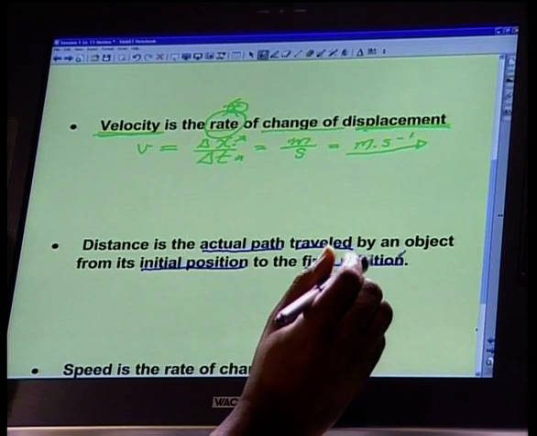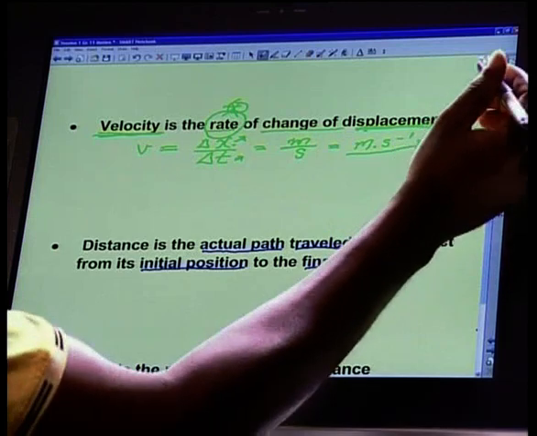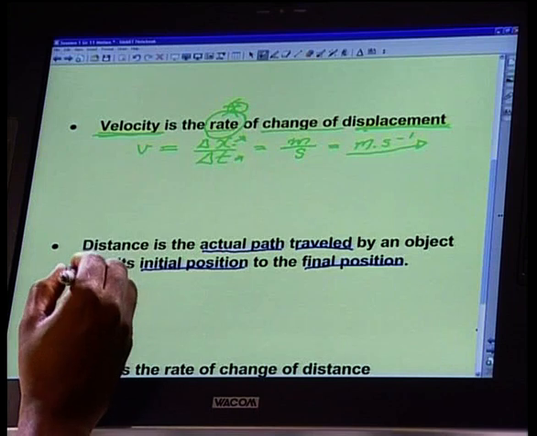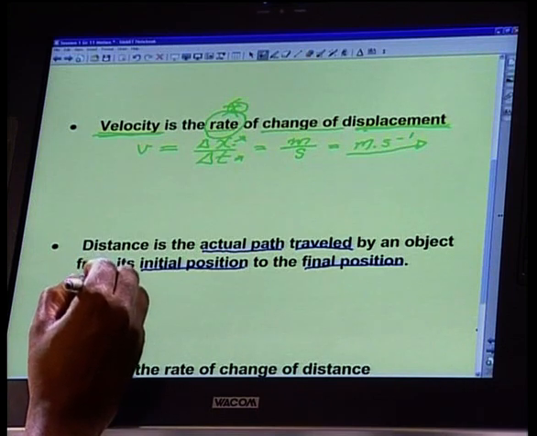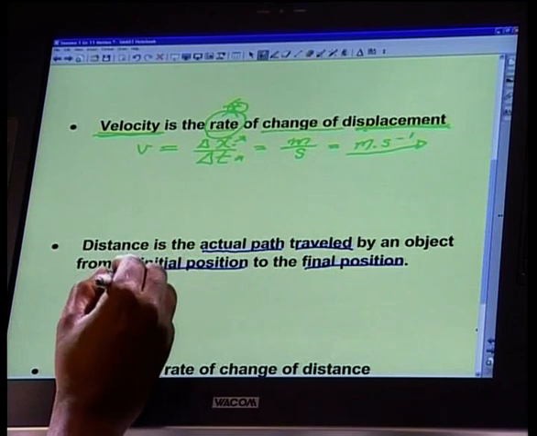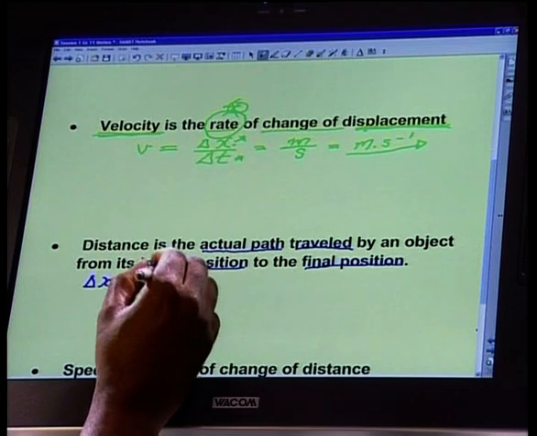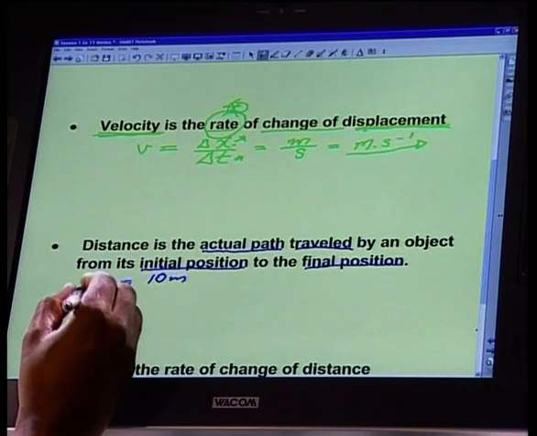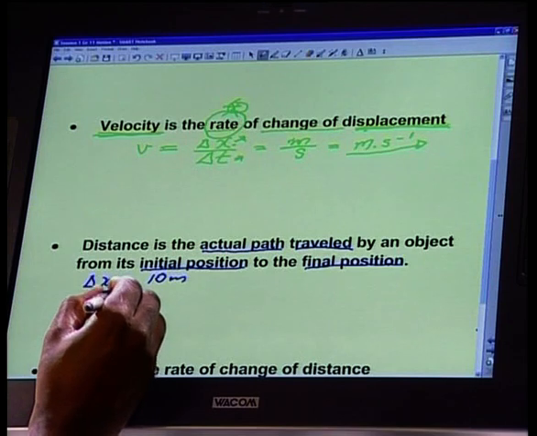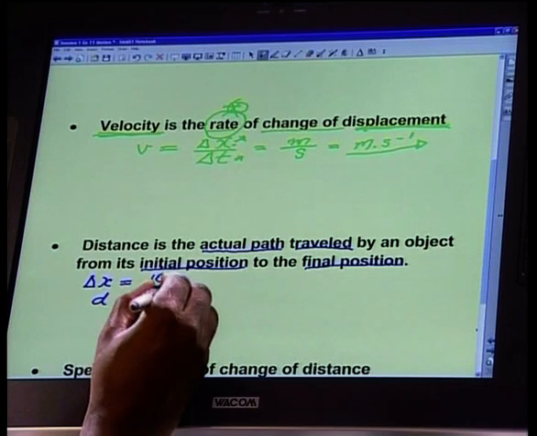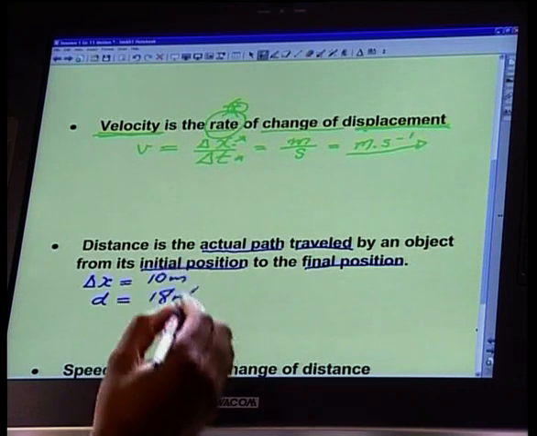Right. Now, if we go back to the initial example and say the displacement delta x was 10 meters, and the actual path distance d was, say, 18 meters.